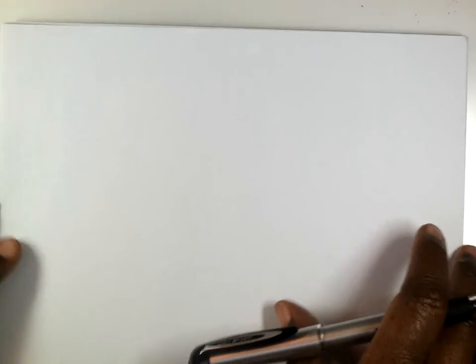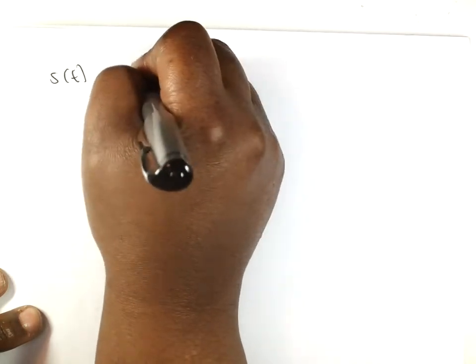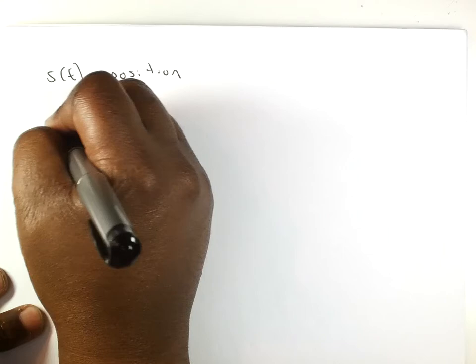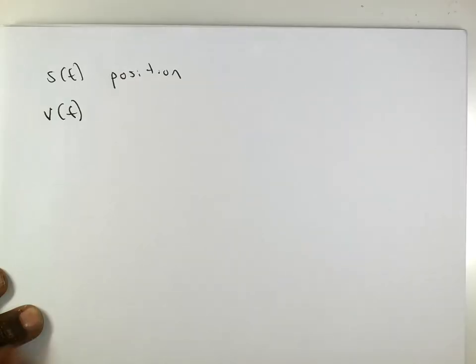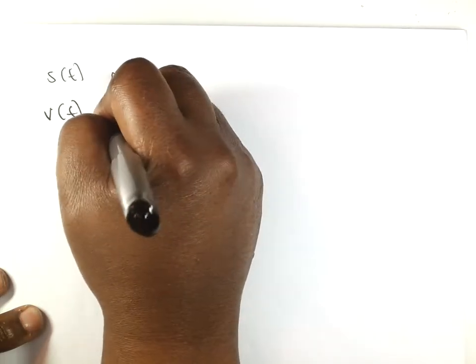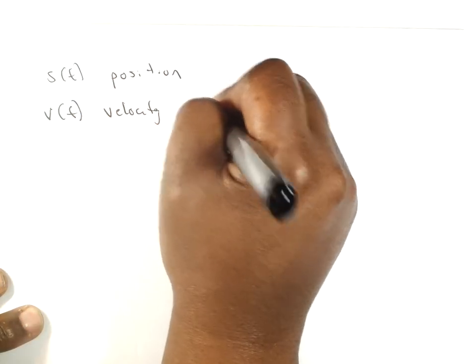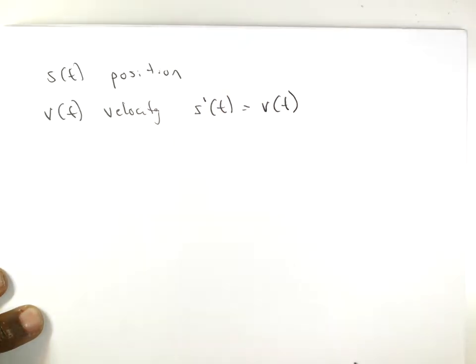Alright, so I want to do one application problem here, and that's when we talk about the position function. S of t is the position of an object at any particular time, t. If I want to know the velocity, which is instantaneously how fast this thing is going, then I take the derivative of the position function and it gives me the velocity.